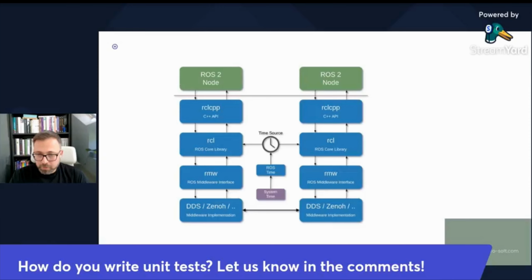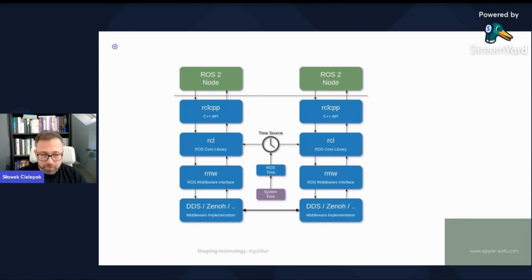In between, we're going to have client libraries, the middleware interface, and finally the middleware implementation, which will actually take care of transporting the messages from one node to another. On top of that, we also have to think of time delivery and time measurement, which will be the system time in the default scenario.